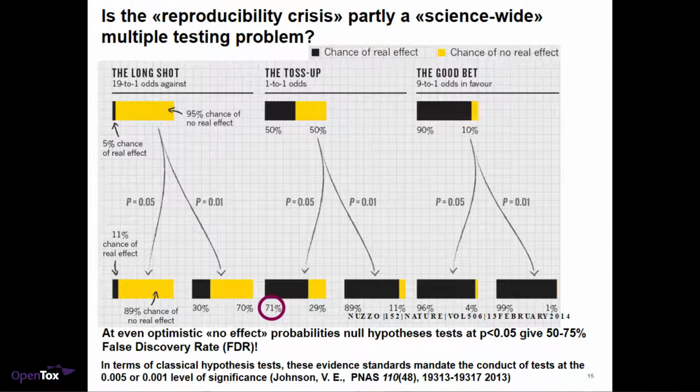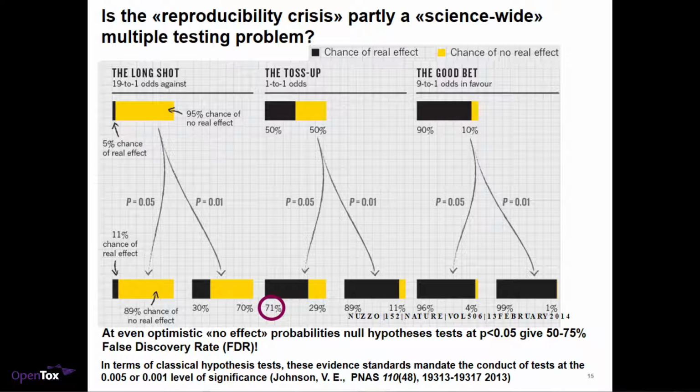But this kind of thinking can be taken even further. You can essentially think of this reproducibility crisis to some degree as a science-wide multiple testing problem. Here the problem is that, unlike in the omics experiment, you don't really have all the negative results, so you can't directly estimate the false discovery rate or the p-value that would be needed to overcome the false discovery problem in this science-wide context.